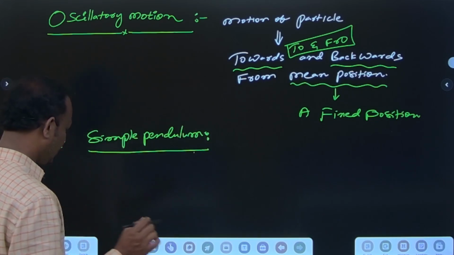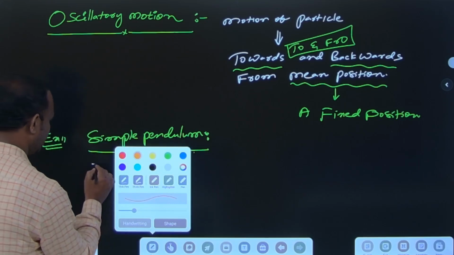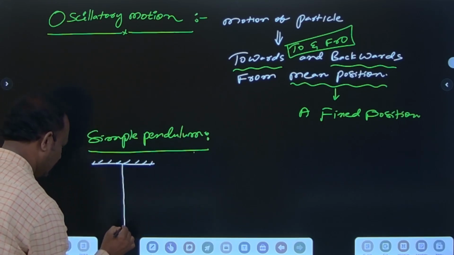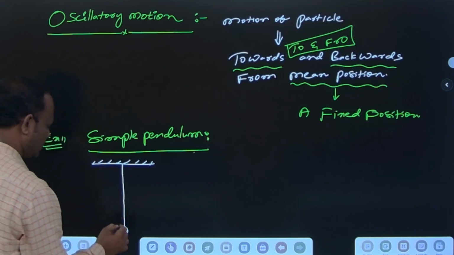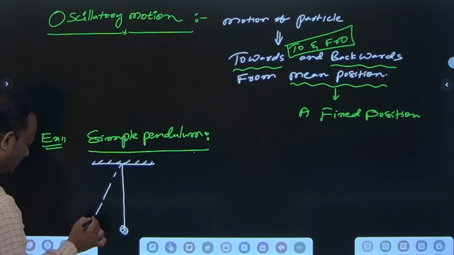So, the simple pendulum. This is the fixed position. I take the bob from here to here.